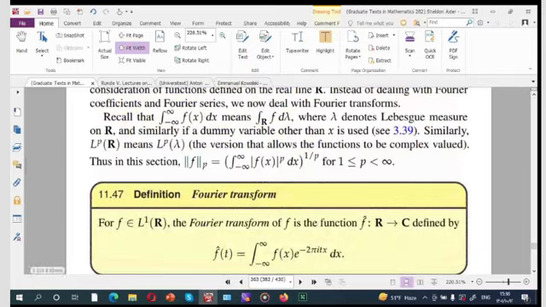For any f in L1 of R, the Fourier transform of f is the function f hat from R to C defined by this: f hat of t is the integral of f of x multiplied by this exponential function. Okay?